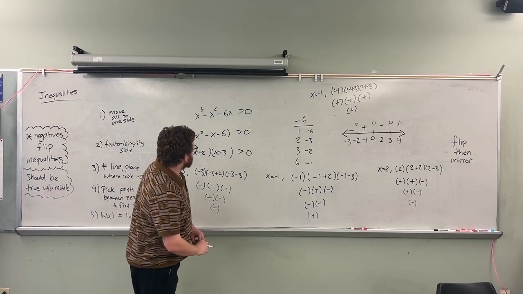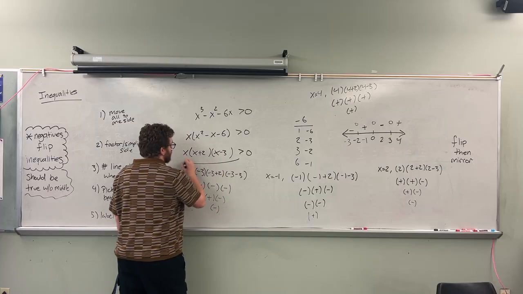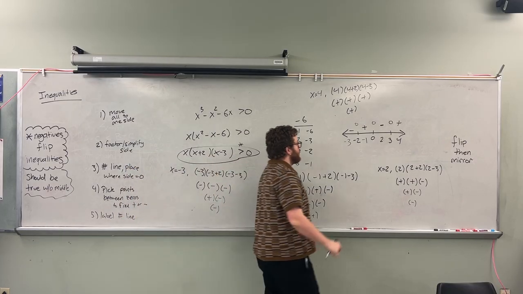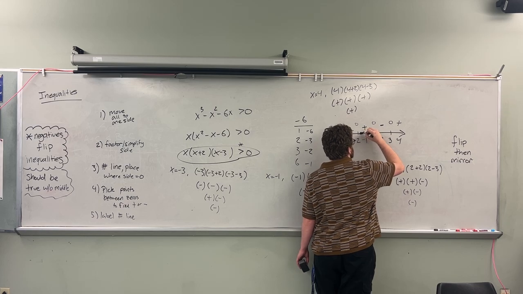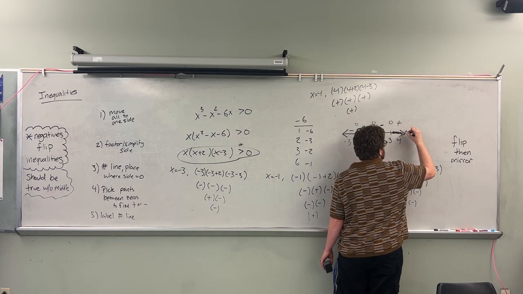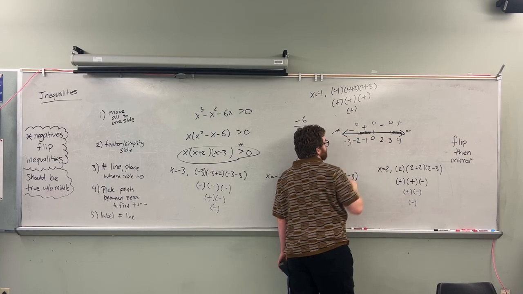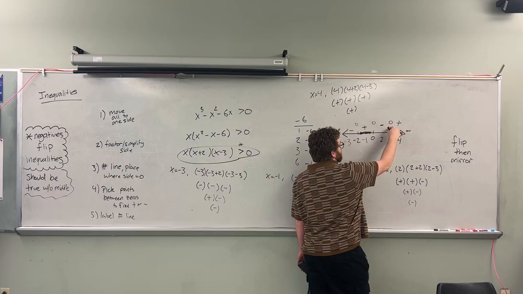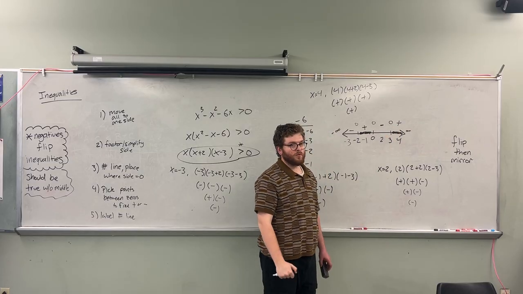And now I'm asking the question, where is this greater than 0? Well, this region here is positive. This region here off to infinity is positive. What about these points here? Do I include them or not?